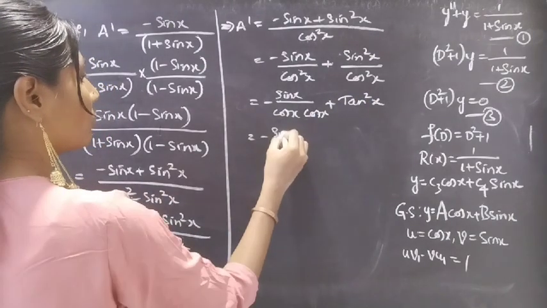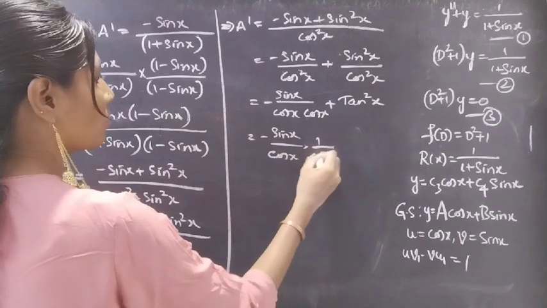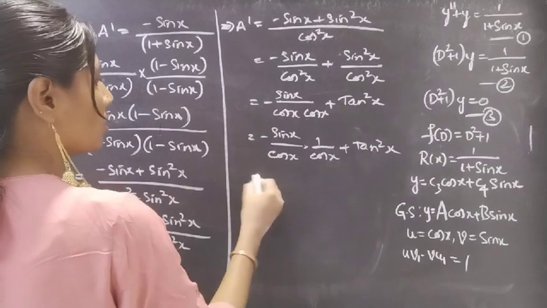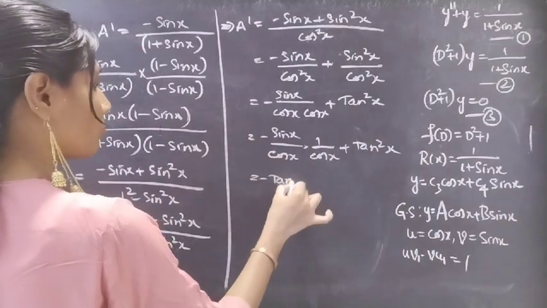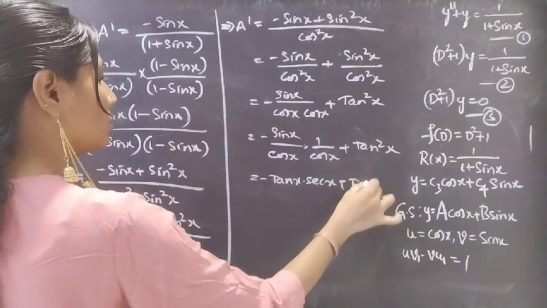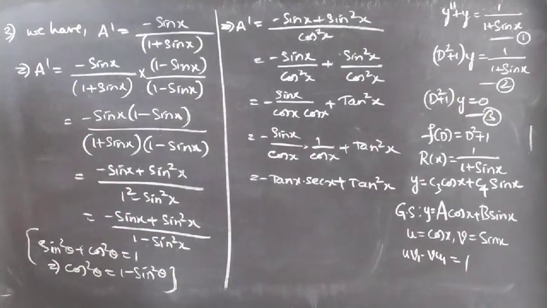Again we can write the first term as minus sin x by cos x into 1 by cos x, plus tan square x. We can write sin x by cos x as tan x, the reciprocal of cos x as secant x, and tan square x as it is, right?